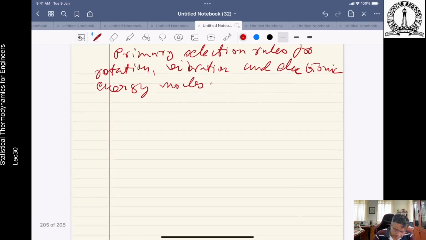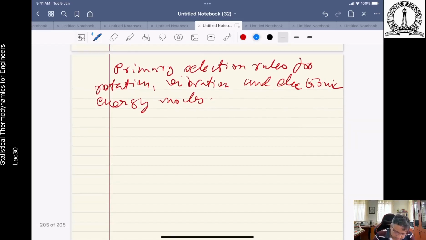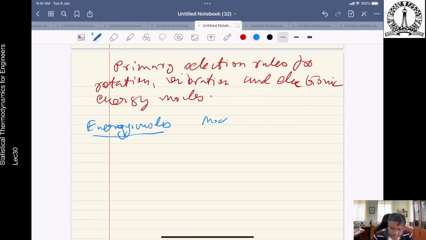If we look at the table now, this is the energy mode, this is the model, and then the selection rules. First is rotation.